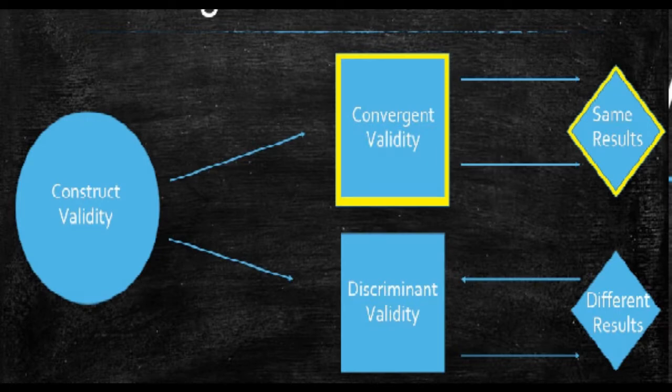On the other hand, discriminant validity means that two measures of unrelated constructs that should be unrelated, very weakly related, or negatively related actually are in practice. So just like convergent validity, you check for discriminant validity by comparing results for different measures and assessing whether or how they correlate.